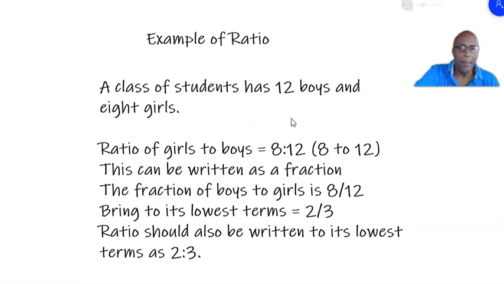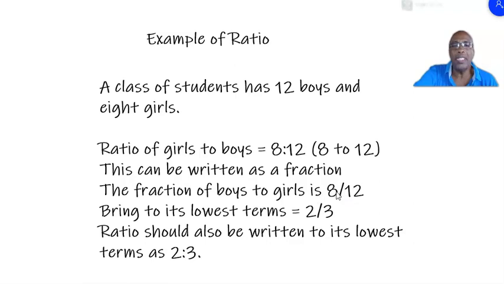So in this same example, 12 boys and 8 girls in a class, the ratio of girls to boys now would be the reverse. You have 8 girls and 12 boys. So the ratio is 8 to 12. Written as a fraction, that is 8 over 12.